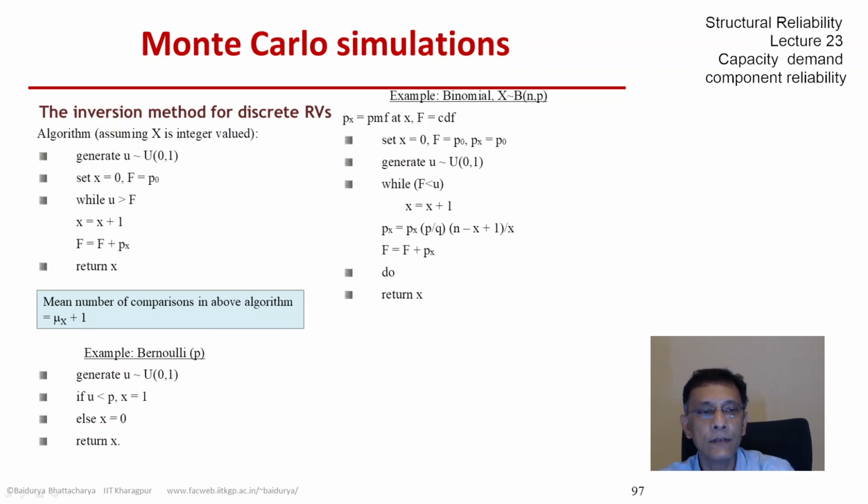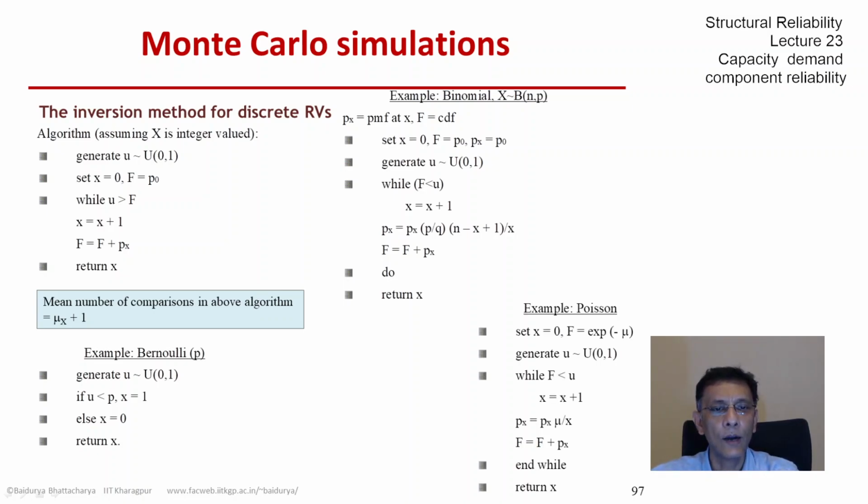That CDF that you see, p(x) being replaced by its current value times p over q times n minus x plus 1 over x, so that speeds up the computation of the CDF. We could set up a similar algorithm for the Poisson deviate as well. So all of these use the inversion method.